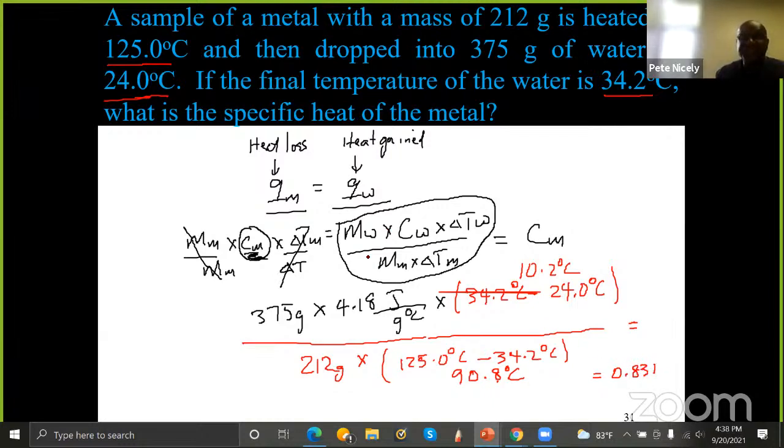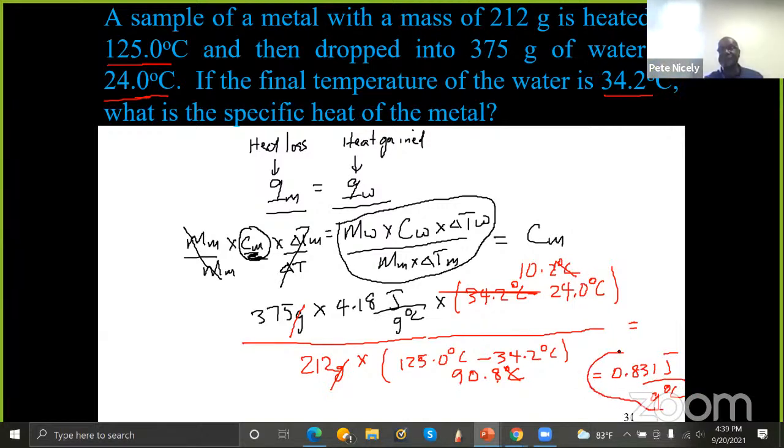And the units, well, we can derive the units because the grams are going to cancel out here and here. Degrees Celsius is going to cancel out here and here. So you'll be left with joules divided by gram degree Celsius. And that's basically how that is done. So the correct answer is this right here.